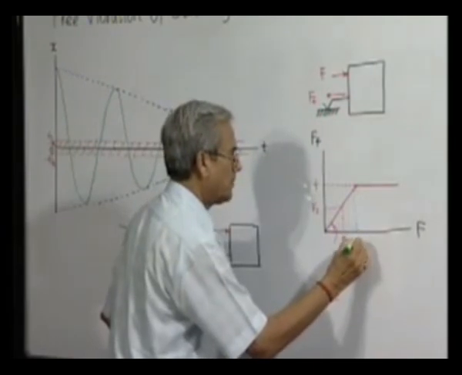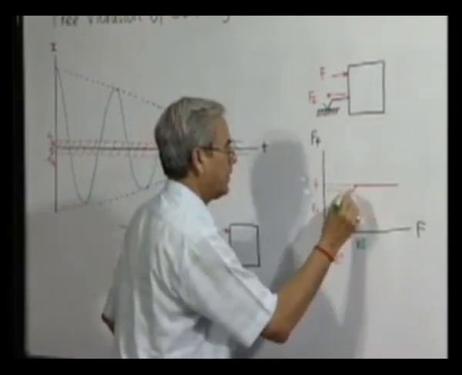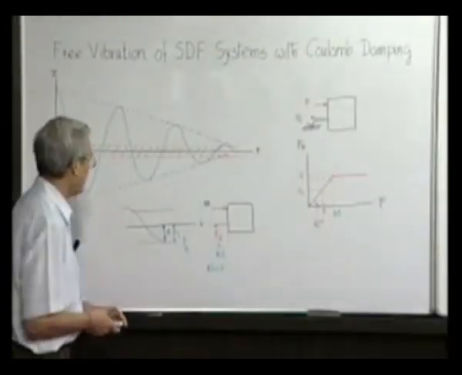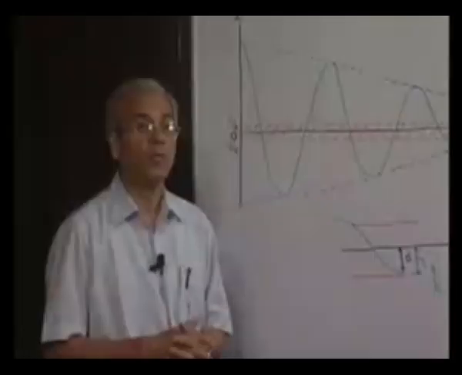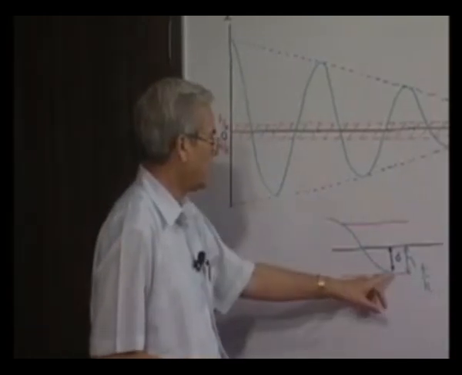So, whatever force is being applied, which is K delta, friction force will immediately balance it, which means that this system will not move.